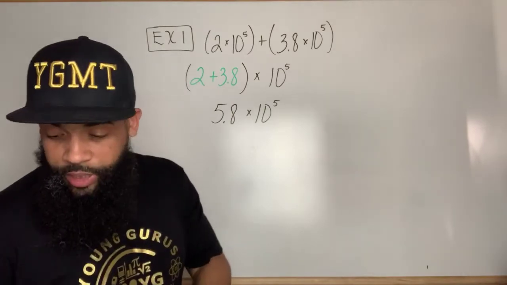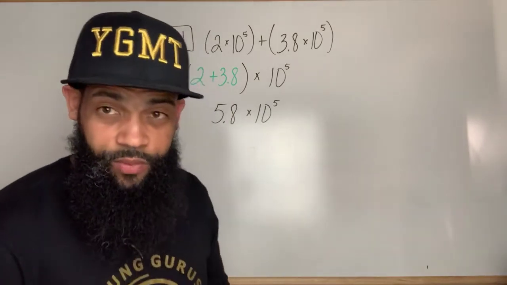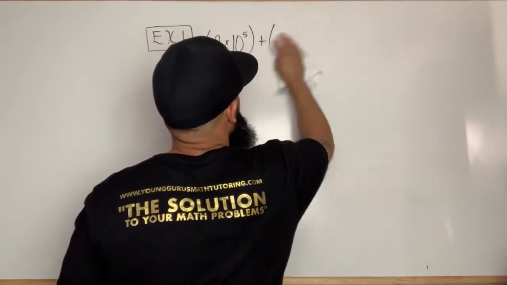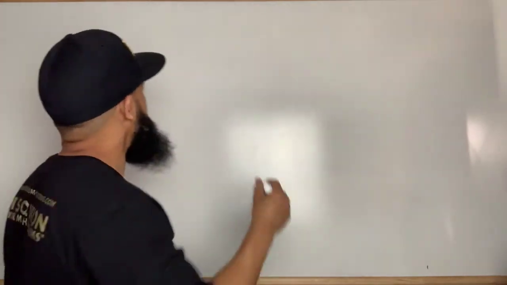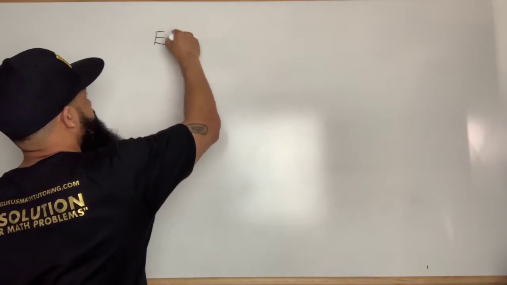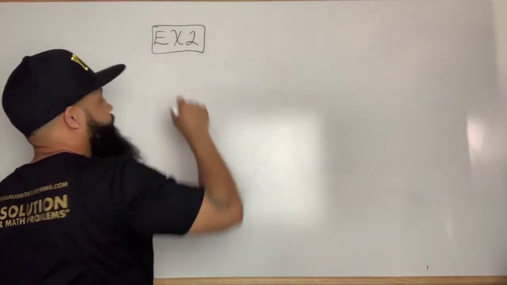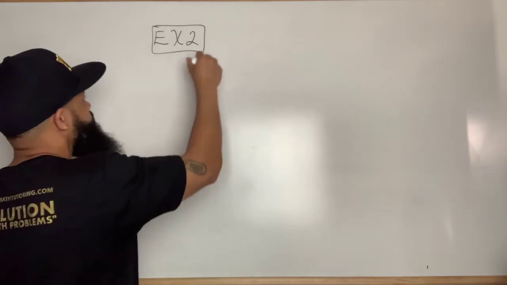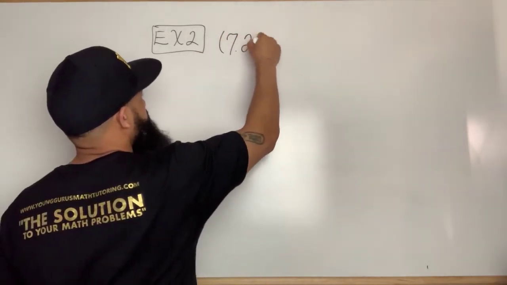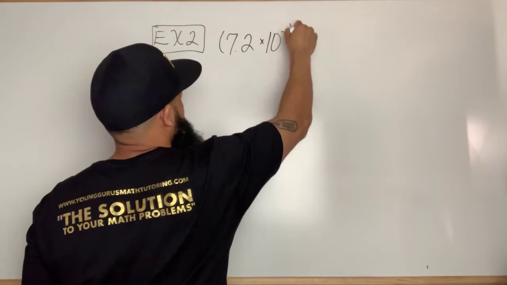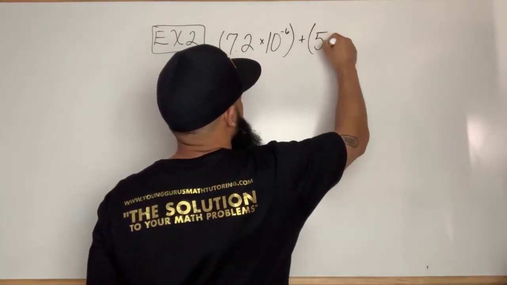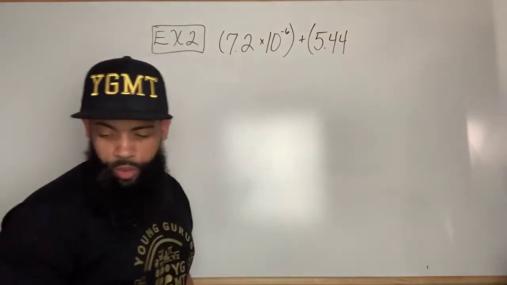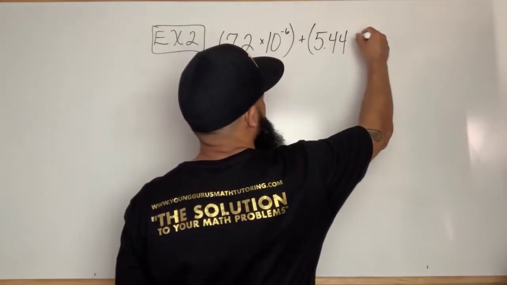We're going to do one more example like that from the negative side. Okay, let's look at example 2. All right, example 2. Let's say I have 7.2 times 10 to the negative 6th power, and then I want to add 5.44 times 10 to the negative 6th power.